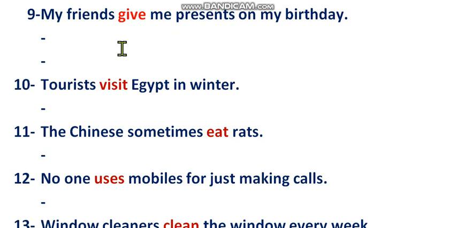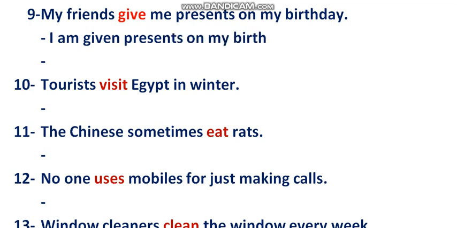The first is I, when I start with it, in the place of the subject. This time I'm going to use am. Give, gave, given is the past participle. I am given presents on my birthday.